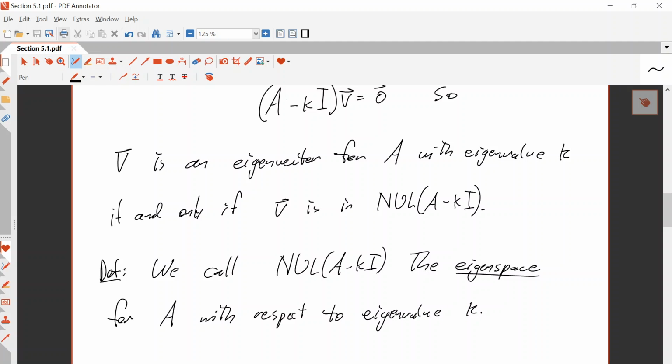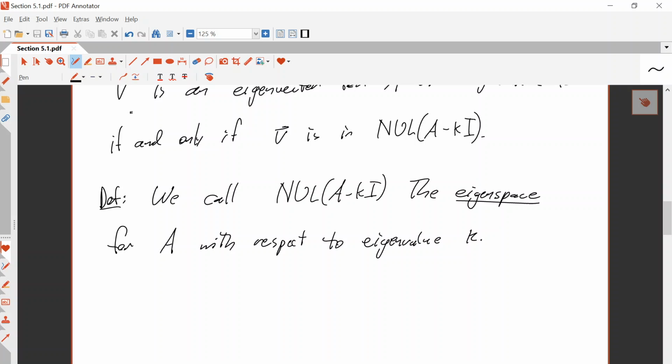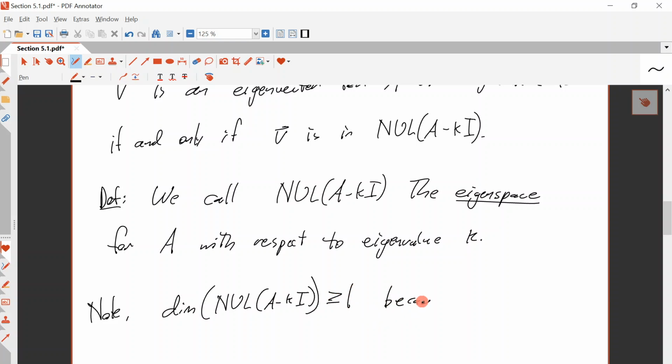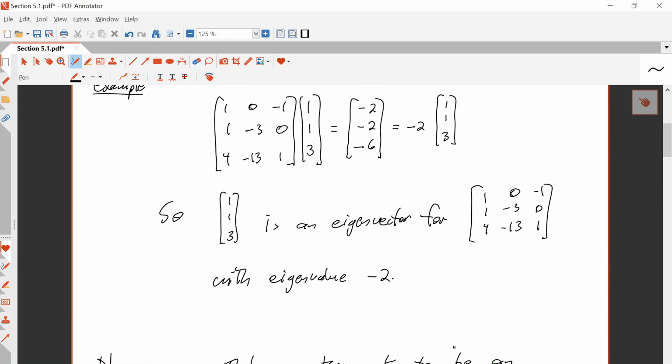Alright, and then note that the dimension of this is at least 1. The dimension of the null space of A minus kI is bigger than or equal to 1 because it does have at least one eigenvector in it. But the eigenvector can't be 0. That's part of the definition.